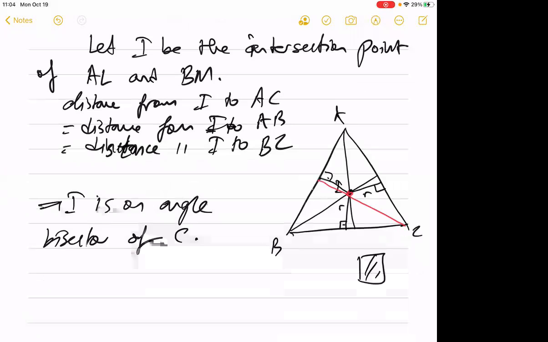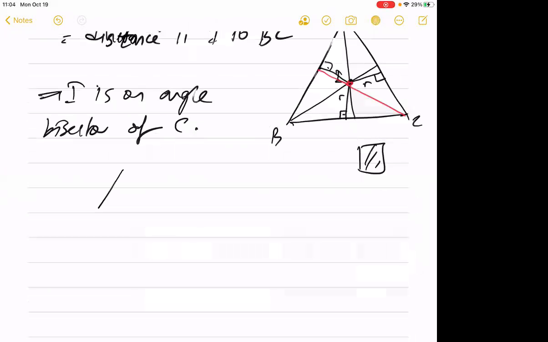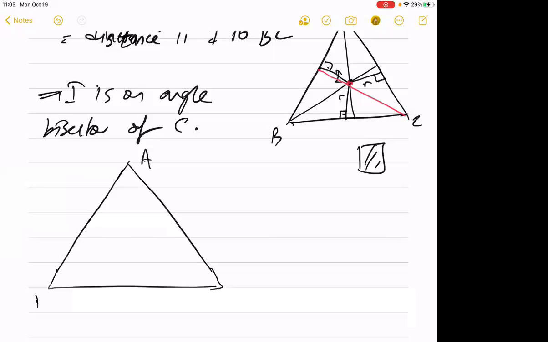Next, let's observe this once again. Let me draw it more carefully. This is A, this is B, that's C. Let me draw the angle bisectors in different colors.